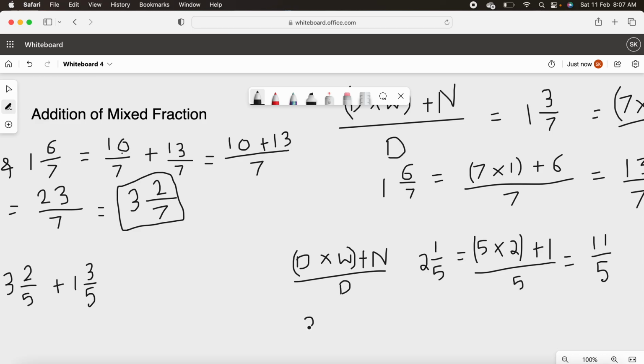Now same way, let's find it for 3 2 by 5. You insert in the same formula. Denominator is 5, whole number is 3, add the numerator divided by the denominator. Oh, I'm writing D here, sorry, which is nothing but 17 by 5.